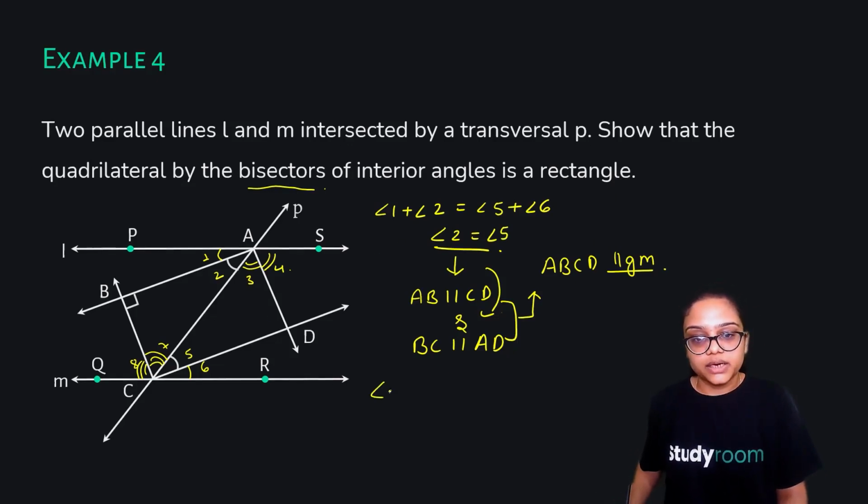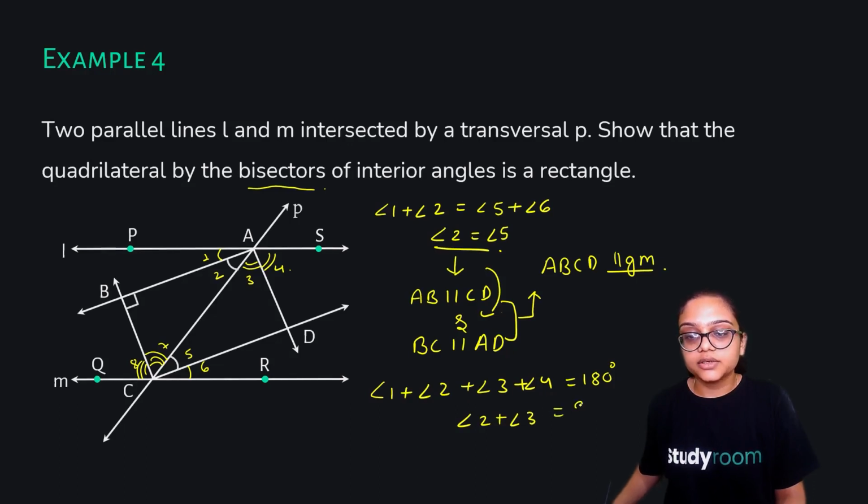We also know that angle 1 plus angle 2 plus angle 3 plus angle 4 is linear, so 180 degrees. Now 3 and 4 are equal, 1 and 2 are equal. So in short, we can halve it and say that angle 2 plus angle 3 is 90 degrees. Correct? Now what does it state? It states BAD is 90 degrees, which means this parallelogram has a 90 degree angle in it.